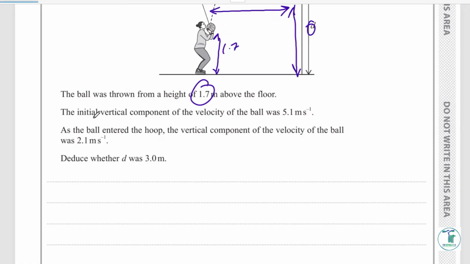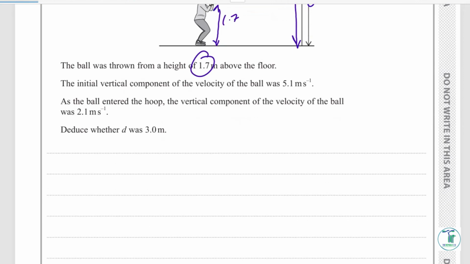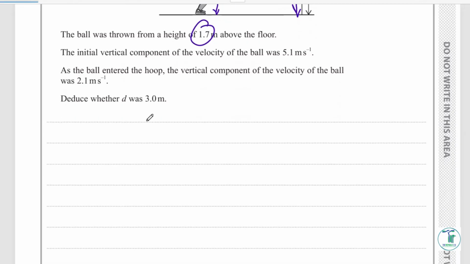The initial vertical component of the velocity is 5.1 meters per second, and the final vertical component is 2.1 meters per second. Deduce whether the D was 3 or something else. So, we just need to work these things down. To calculate the total distance from the above height to the hoop, I'm going to use the third equation of motion, where v square is equal to u square plus 2 times a or g times s.